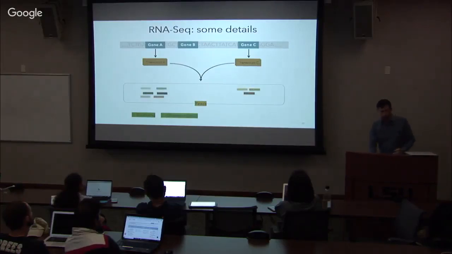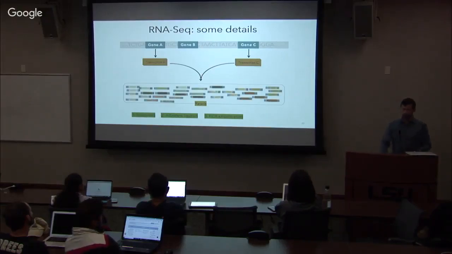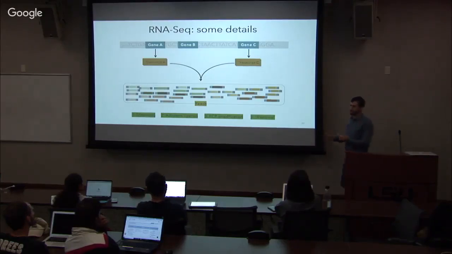Then we have adapters that are attached to the beginning and the end of that sequence. And then afterwards, we do PCR amplification, right? So we need more material than is typically found, and so we amplify the amount of reads that we have. And as a result, we then read something that somewhat represents the original sample, but not exactly.